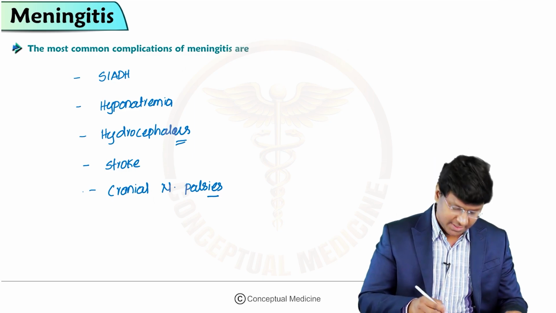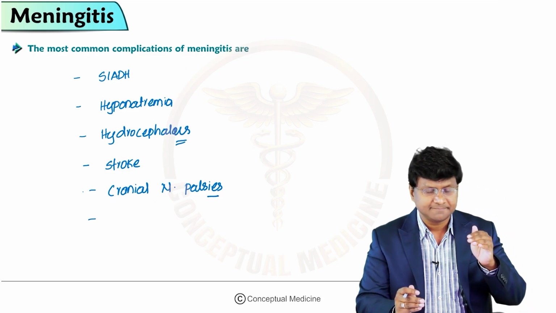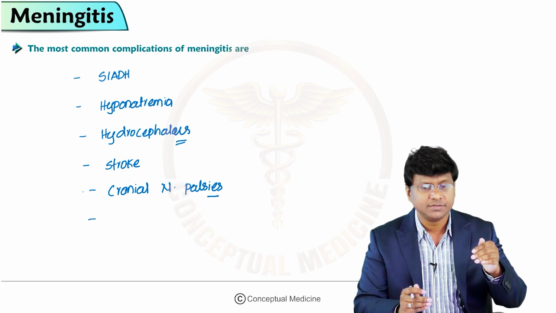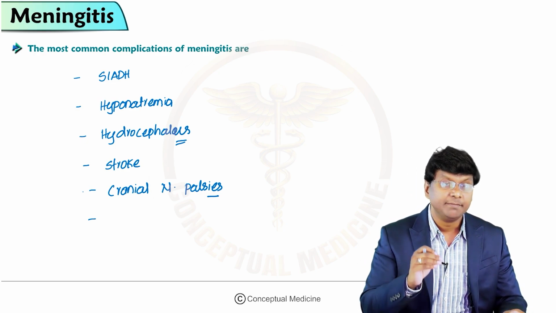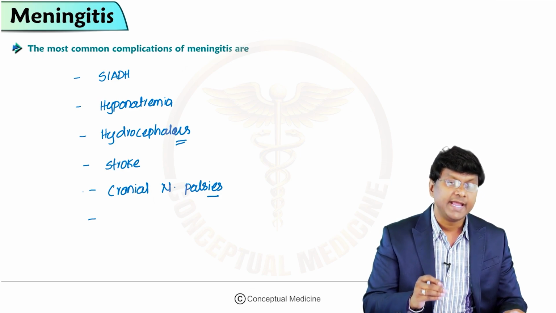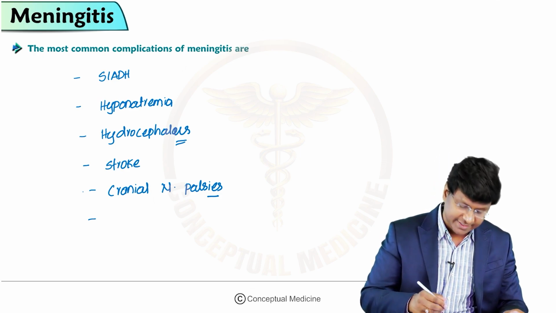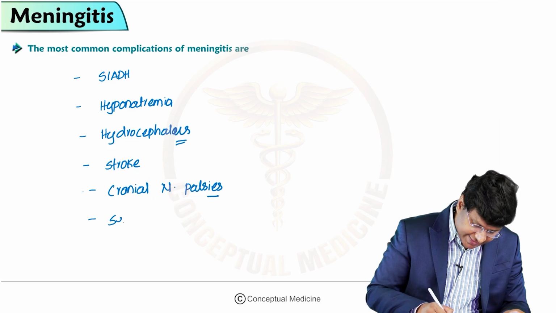And now you see, the inflammation from meninges will spread to the brain parenchyma, and that we call meningoencephalitis. And once there is development of meningoencephalitis, there can be development of seizures as well. Right?